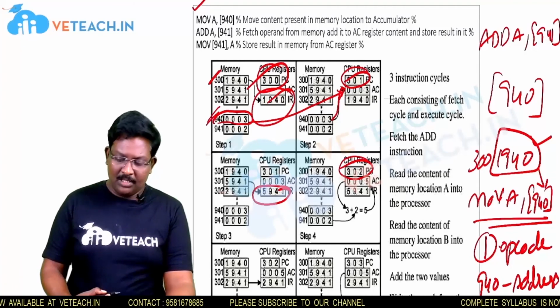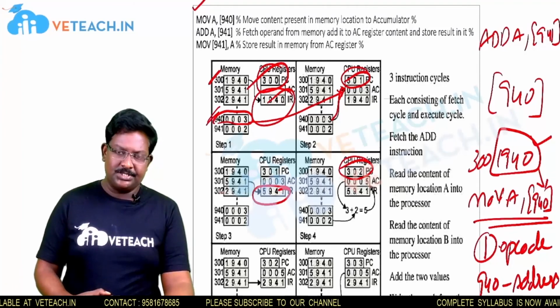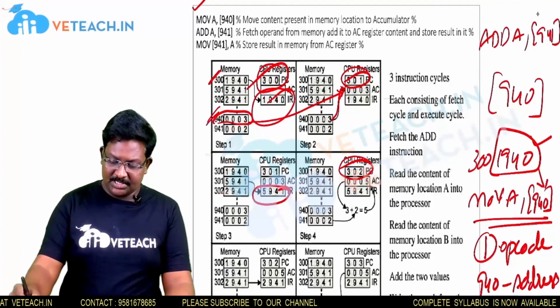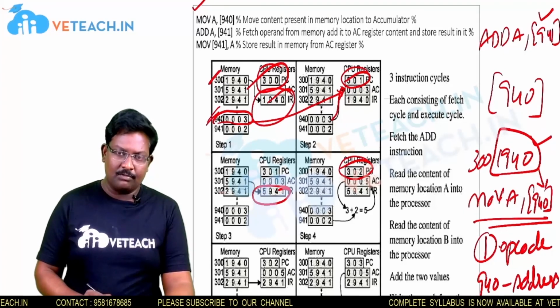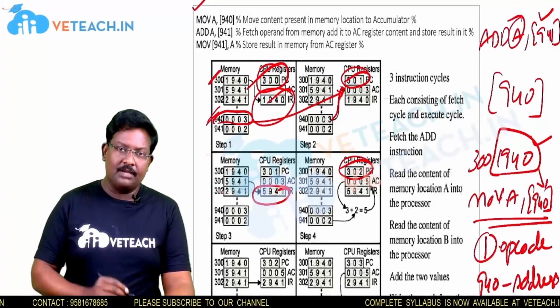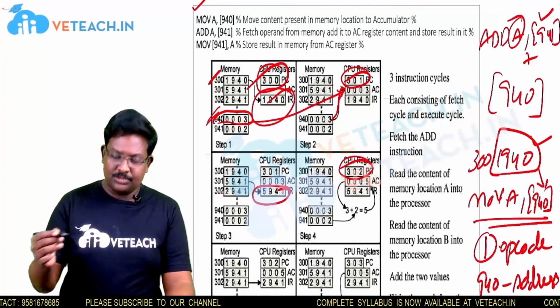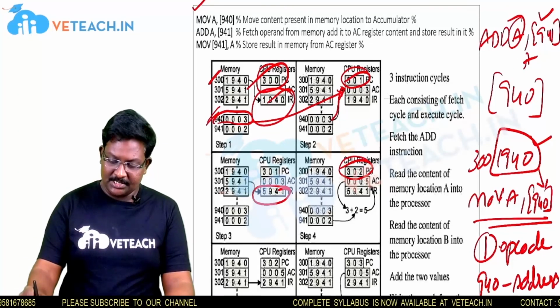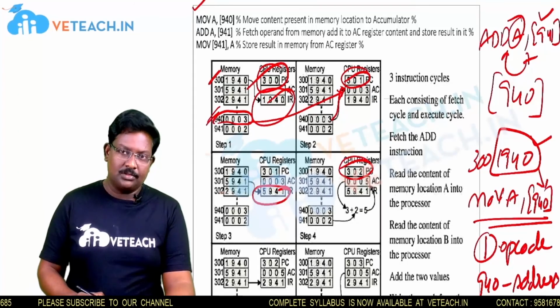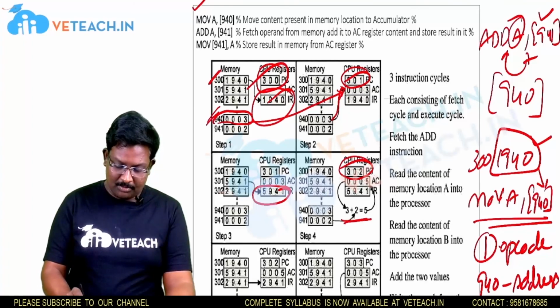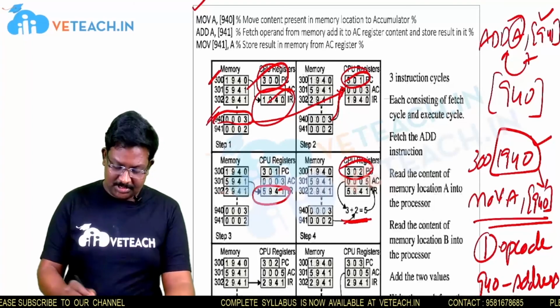One of the operands for performing the addition is present in memory location 941 and another operand is available in the accumulator. Now we are going to add these two operands and the result is again stored in A. You can see that operation has been performed here.